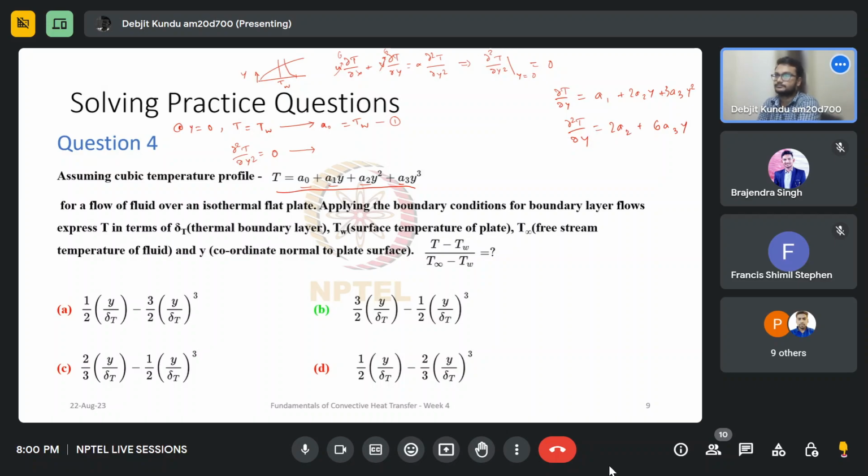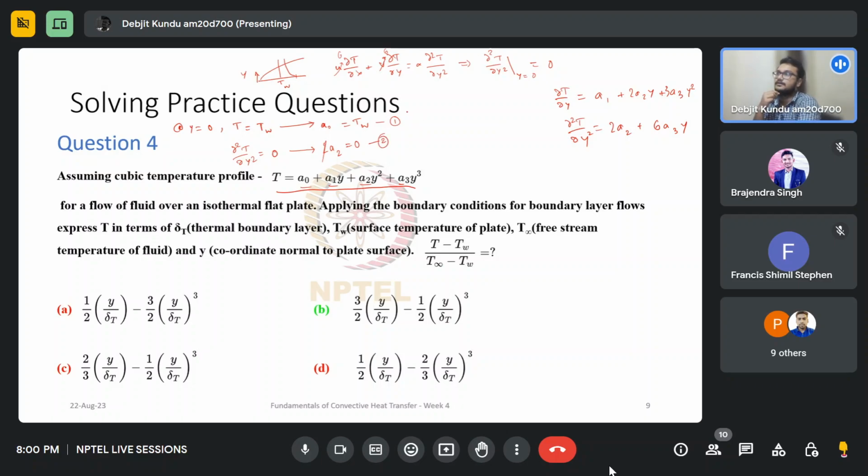Now at y equal to 0, this value is 0. So 2a2 is equal to 0, meaning a2 itself is also 0.